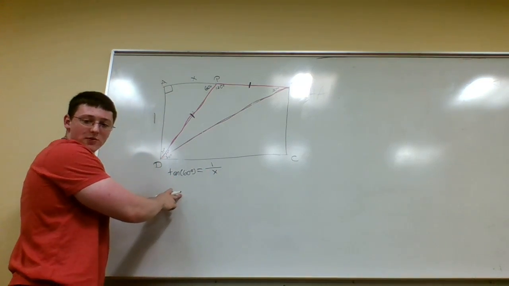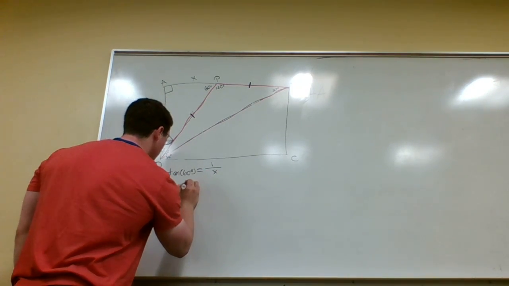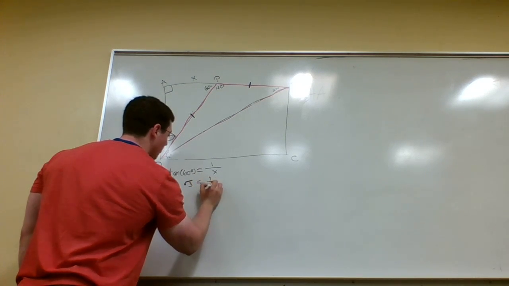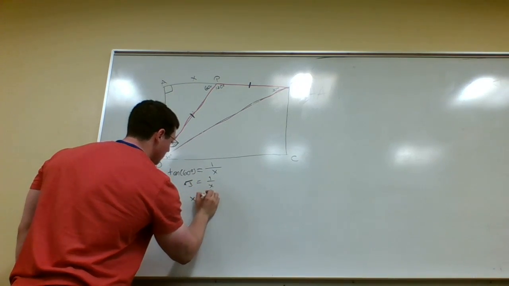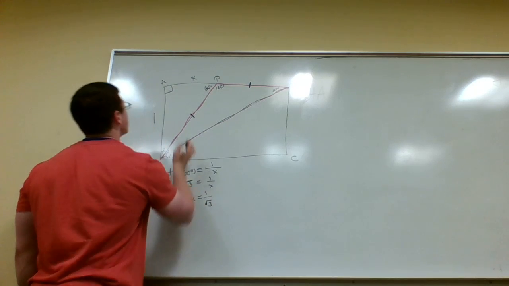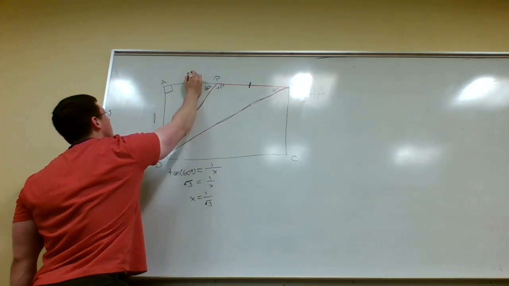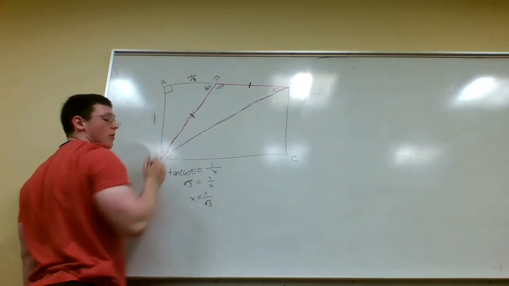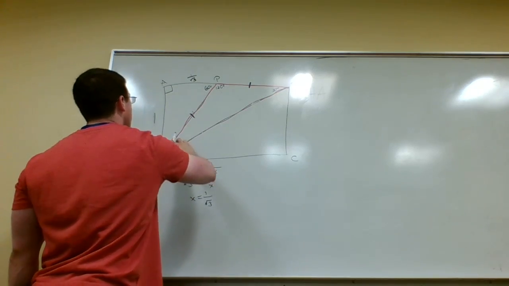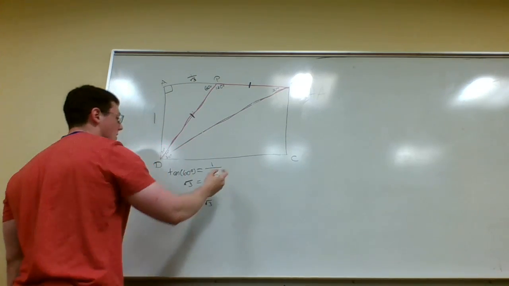Tangent of 60 degrees, if you work that out, you get square root of 3 equals 1 over X. So X is 1 over the square root of 3. Put that up there now, over the square root of 3. And to find side DP, since it's a right triangle, we can use the Pythagorean theorem.